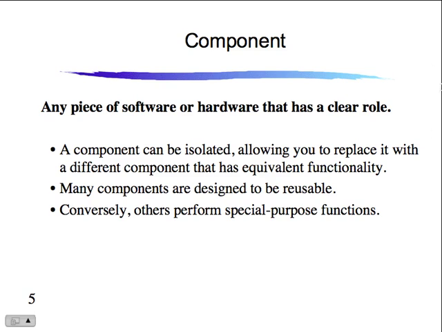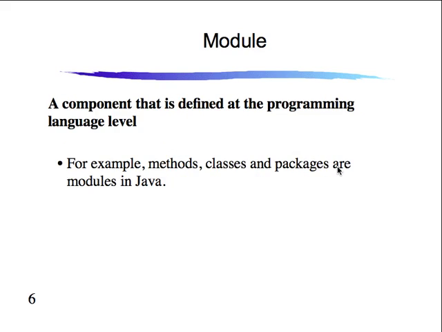So the component is isolated, allowing you to replace it with different components of equivalent functionality. So one server could be replaced with another server, or one peer with another peer. Many components are designed to be reusable, and conversely, other platforms, special purpose functions, and things might be replaced in terms of reusability.